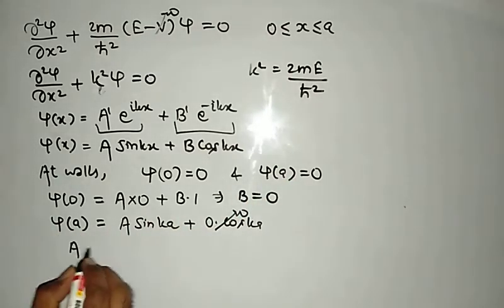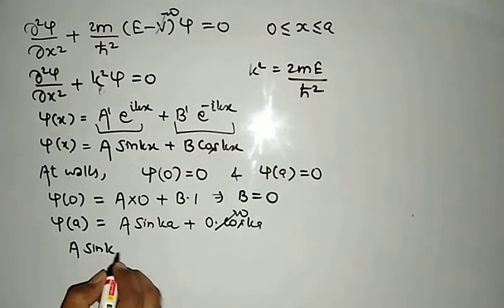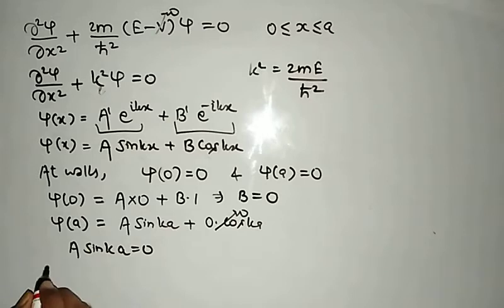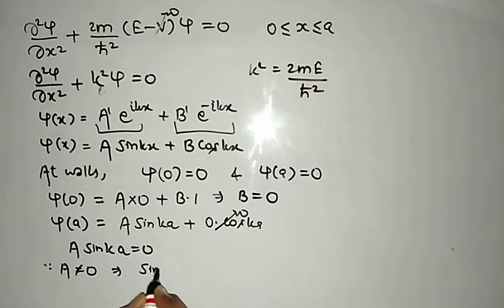So a sin ka is equal to 0. Since a is not 0, this implies sin ka is equal to 0, and we know the general solution, ka is equal to n pi, n being the quantum number.